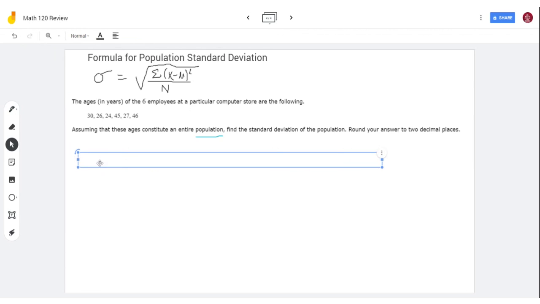Mr. Cruz, quick question. So if they have a population, we use that formula, right? But say if they didn't have the population, what do we do? You use the sample standard deviation. Okay. That's the other one, because that was the original question that Daniel had about when to subtract one and when to not.